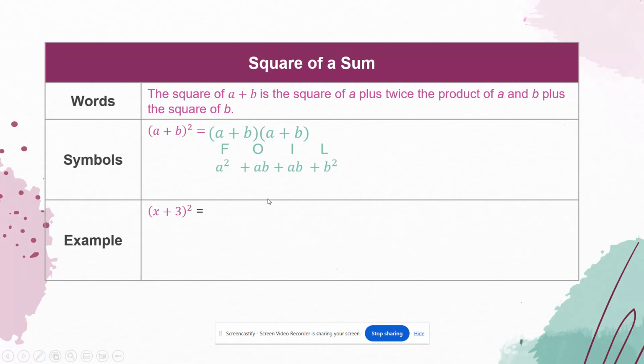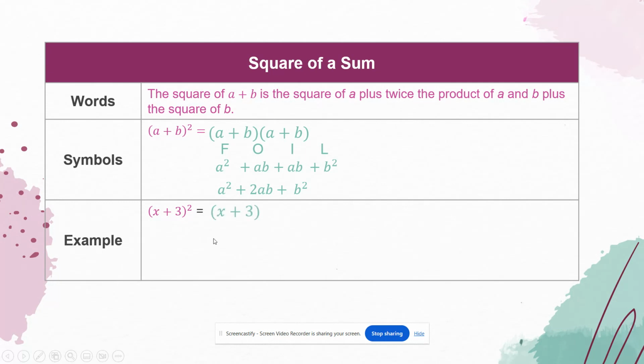And of course, hopefully we can identify that these like terms are in the middle again. ab and ab are like terms, so they would combine to create 2ab. So my final answer would look like that: a squared plus 2ab plus b squared. Okay, so that's kind of a symbol definition of square of a sum.